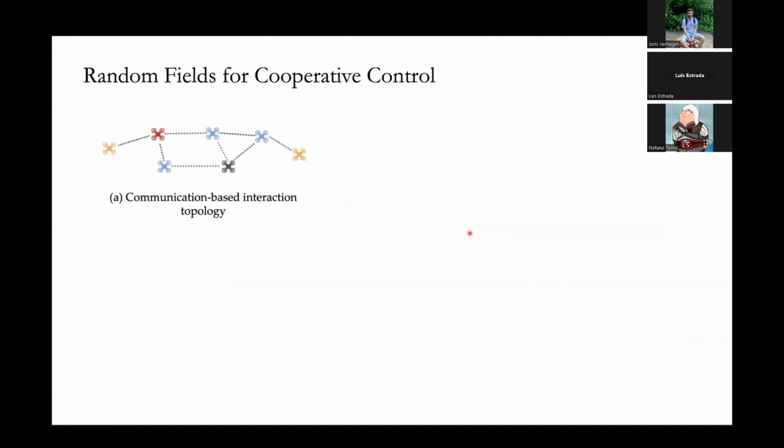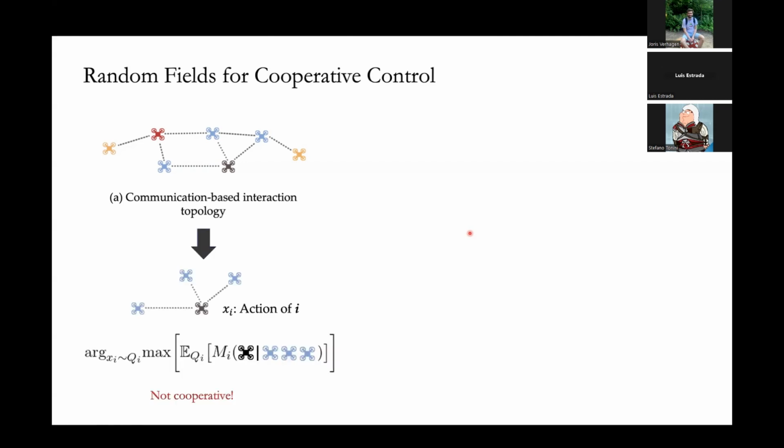So we proposed a method based on probabilistic inference over a Markov random field for cooperative control. First, we take the interaction topology given by the communication topology. For example, if we look at this black robot and consider the one-hop communication topology, the black robot can talk to 3 blue robots.